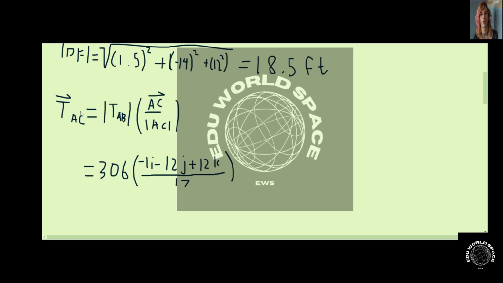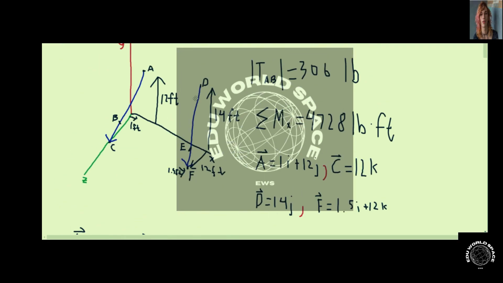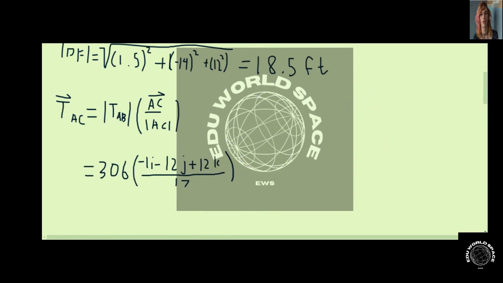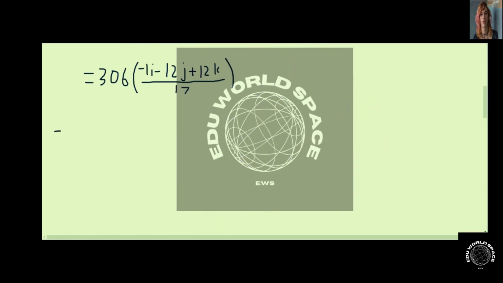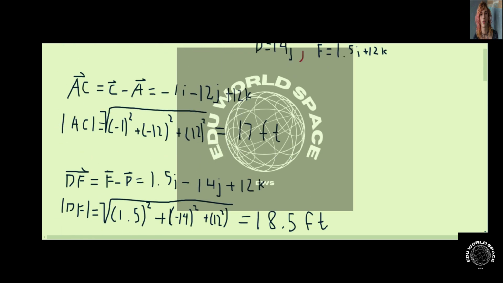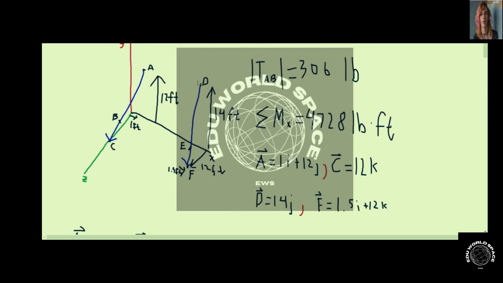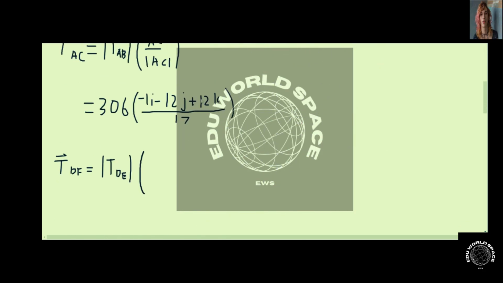And next I'm going to write out the formula for the tension on the DF cable. So the tension vector on the DF cable, I'll write it as the magnitude of the tension on the DE cable times the DF vector, divided by its magnitude.